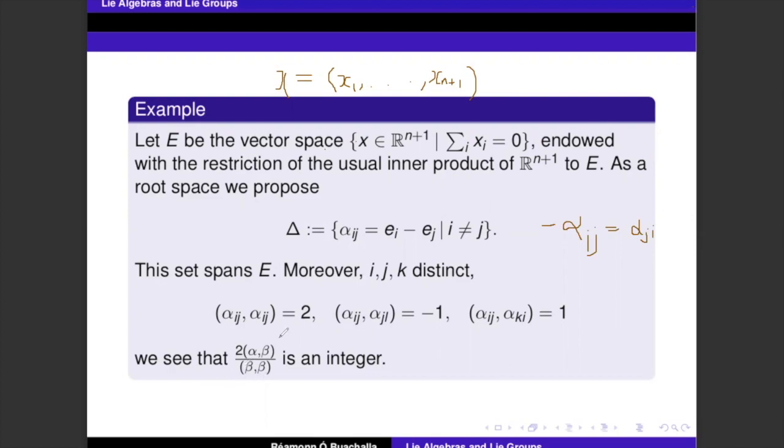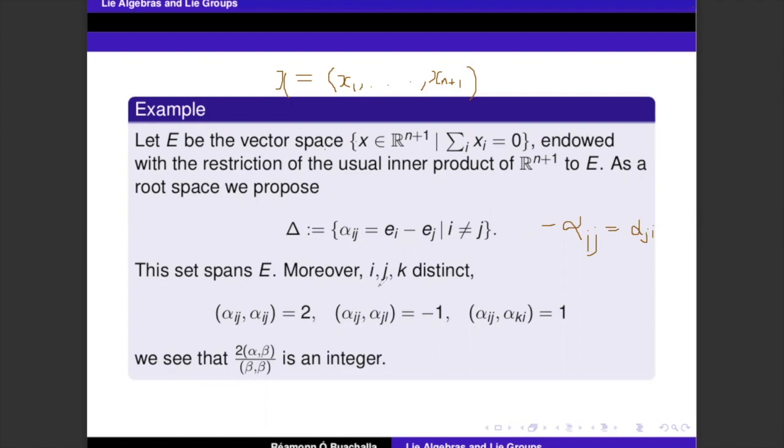Also, the integer condition, the sort of strange integer condition, this is satisfied. Okay, because you see these are the only possibilities. I mean, it's just the basic inner product. You see that if both these vectors match, then we're going to get a 2.